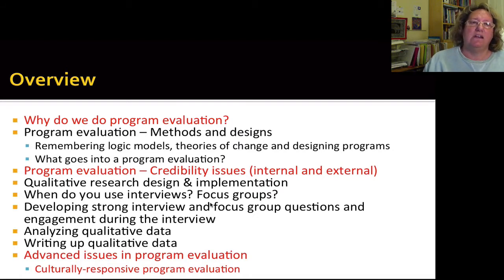And then you're advised to really dig into the program evaluation methods and designs. I'm going to do a little bit of an overview around logic models, theories of change, and then the elements you're going to pull from your readings. I'm also going to speak to credibility issues in designing evaluations that have both internal credibility, meaning internal to the organization, so the organization's own staff, board, service users, community members who are connected.